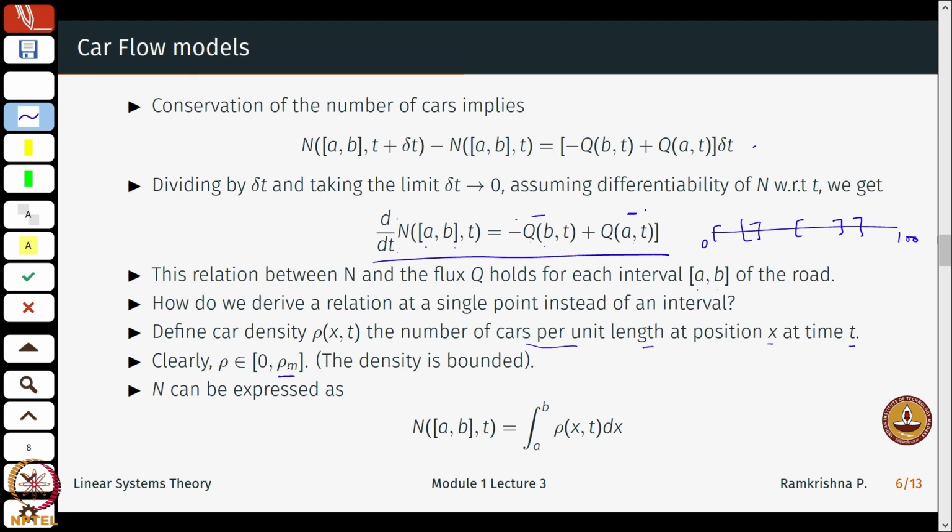So, the density is upper bounded, I can only hold maybe 4 cars per meter or per 5 meters or something.